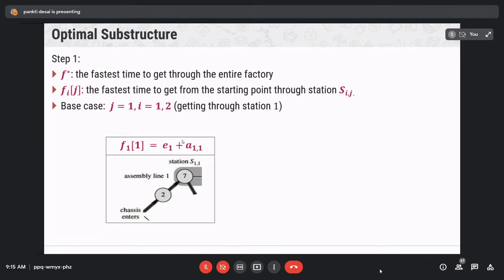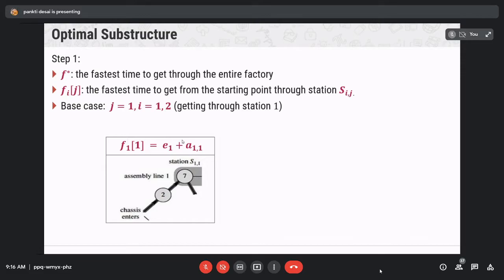So for station 1, F11, here Fij is the fastest time to get from the starting point through station ij. So F11 means starting from the first assembly line, the starting point. So to reach station 11, how much time is required? That is F11.